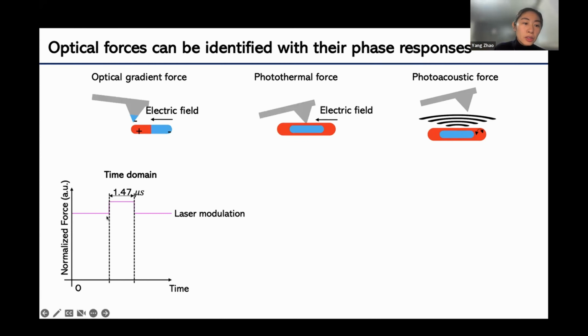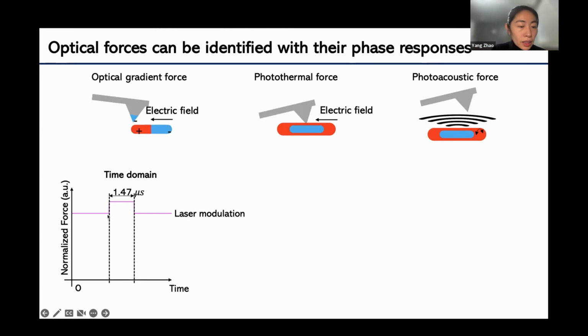So here we are modulating with a square wave. This is quite essential because once you're modulating it with a square wave, the duration doesn't need to be exact, right? The exact duration comes from our modulation frequency.